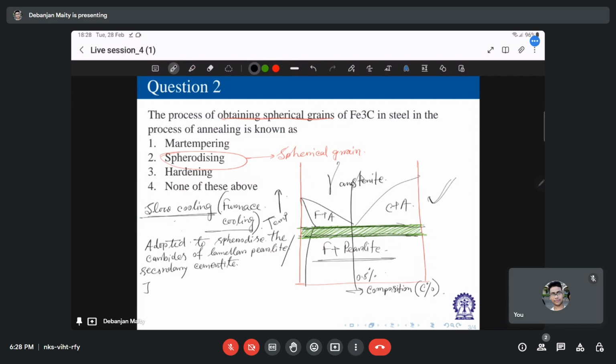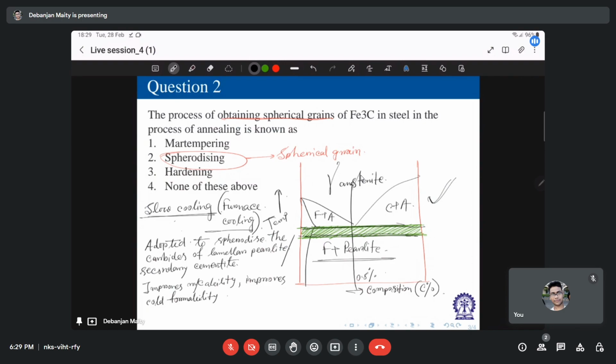So it improves machinability, and improves cold formability.